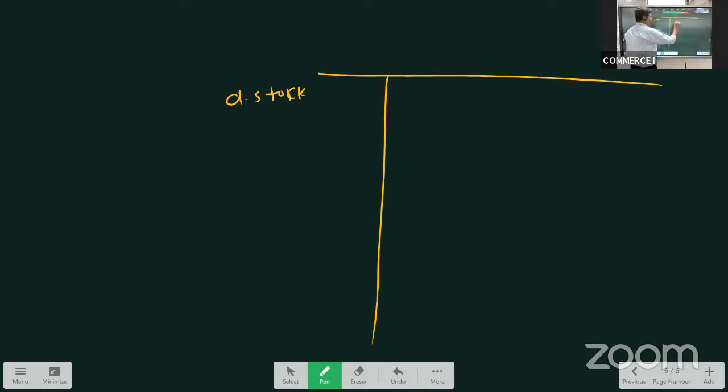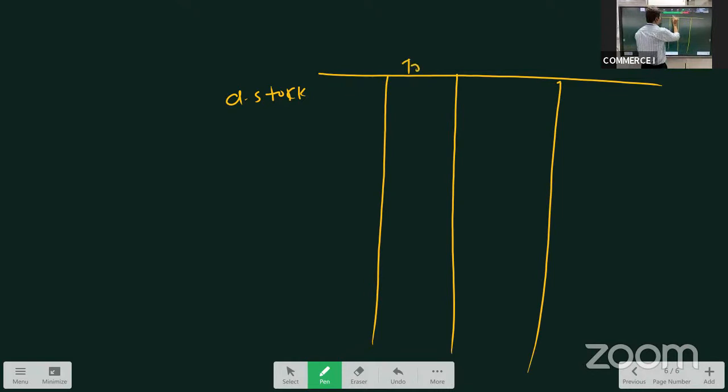And what are the adjustments? I am repeating again and again because 100% you will get only those 5 to 6 adjustments. What are those? Closing stock. Where will we show? Suppose I draw a format like this.